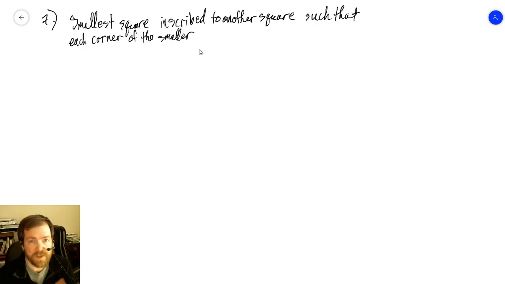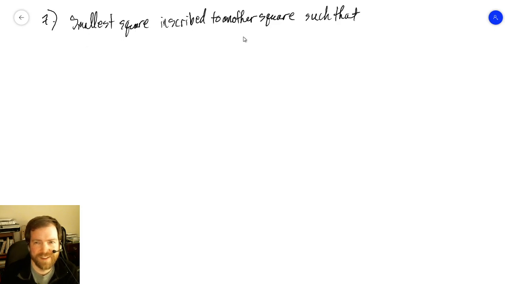Alright, so find the smallest square inscribed inside of another square such that each corner of the smaller square... Oh, right, no, that's what inscribed means, so... Find the smallest square that can be inscribed inside of another square.